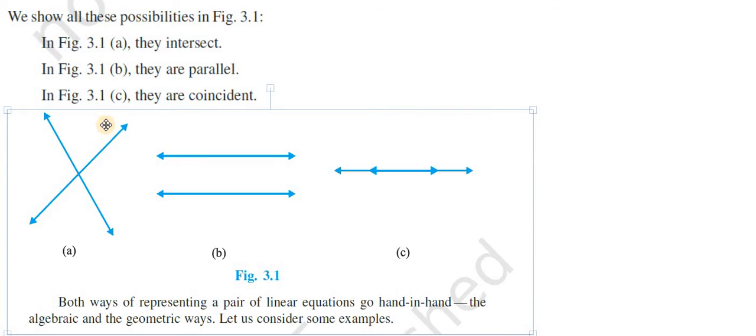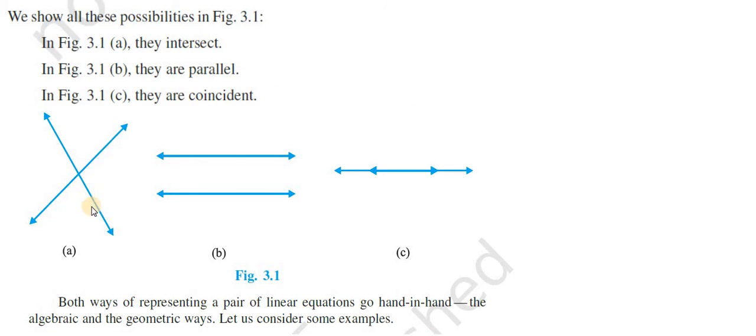When you draw a graph for a pair of linear equations, you may get a graph like this, which is intersecting lines, or like this, which is parallel lines, or like this, which is coincident lines. If we draw a pair of linear equations, we may get any of these three. This graph is very important from the examination point of view.